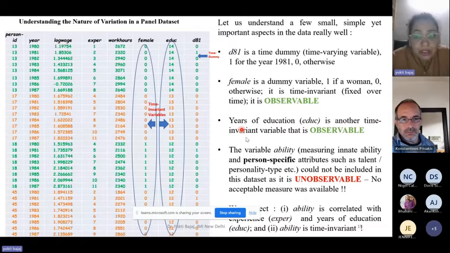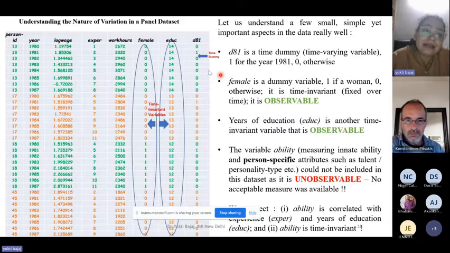I'll give you an example: the ability of that labor to perform the task, or maybe the personality type, the talent. Can you actually measure that using numbers? No, we cannot, right? Of course, ability can impact my wages, so this is also a factor which should ideally impact the wages.